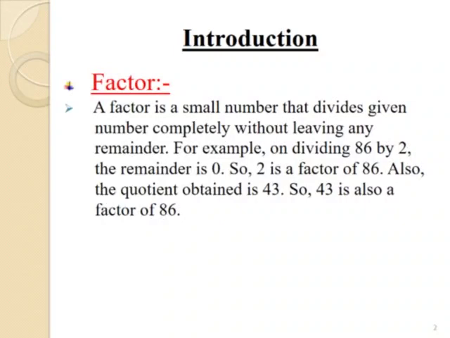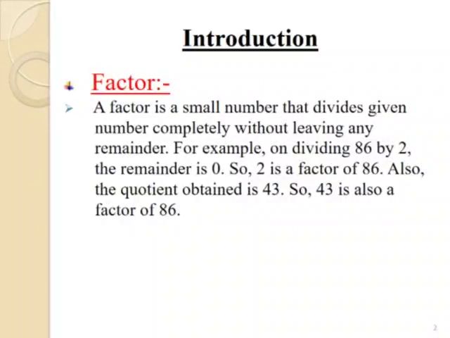Also, the quotient obtained is 43. So, 43 is also a factor of 86. So, we can say that a factor can be defined as a divisor that exactly divides the given number.